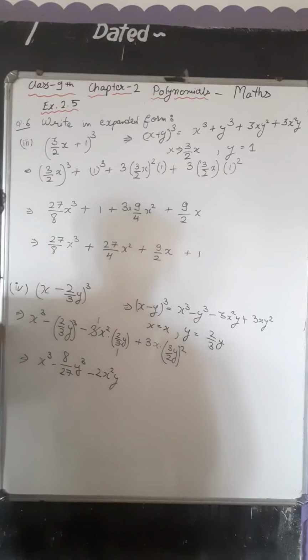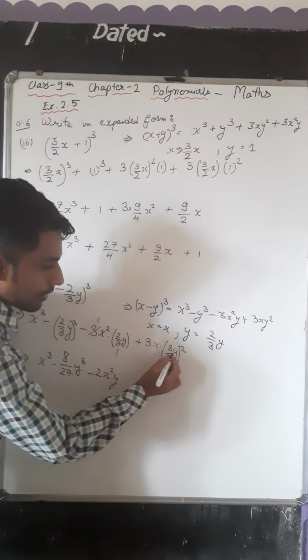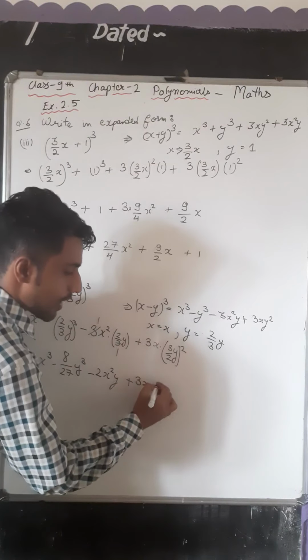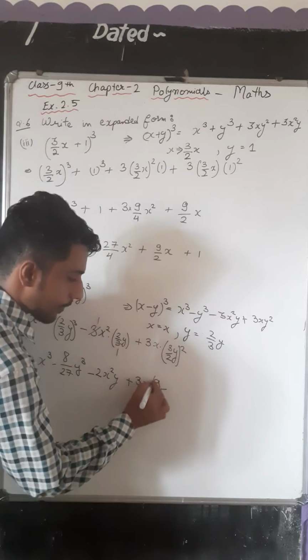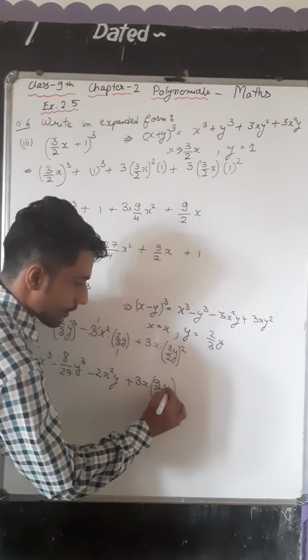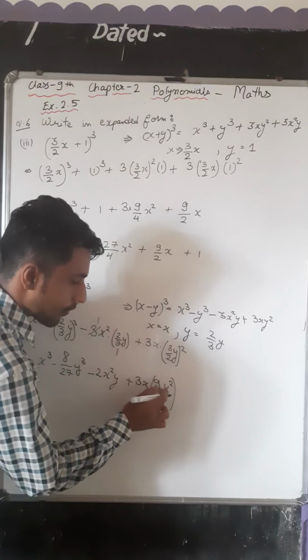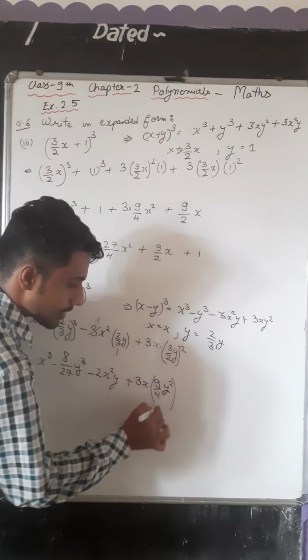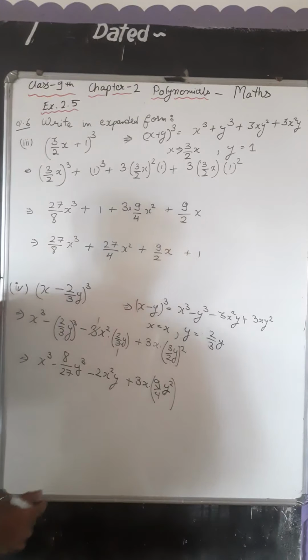And here the term will be 3 x into square of 3, which is 9, square of y is y square and square of 2 is 4.